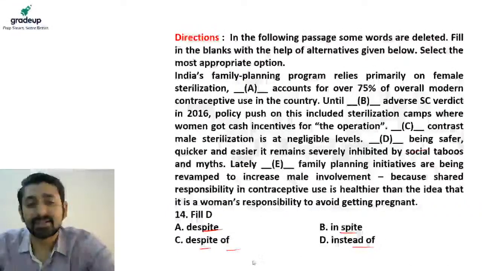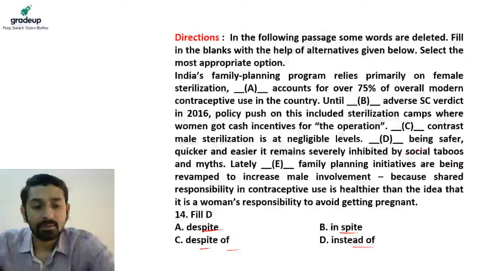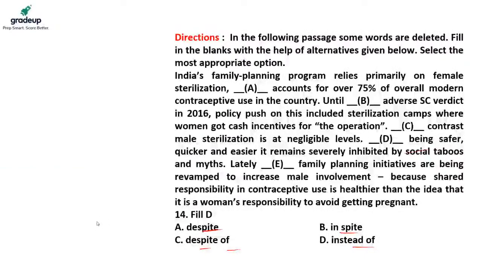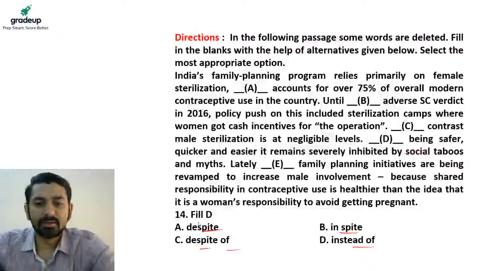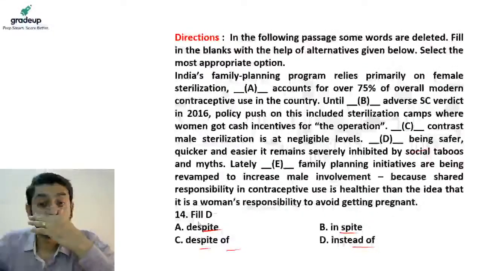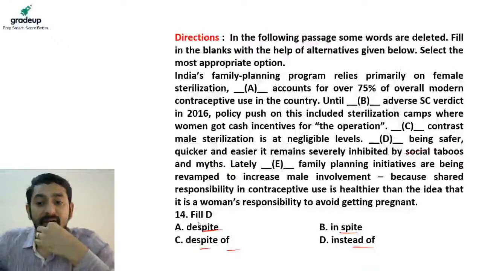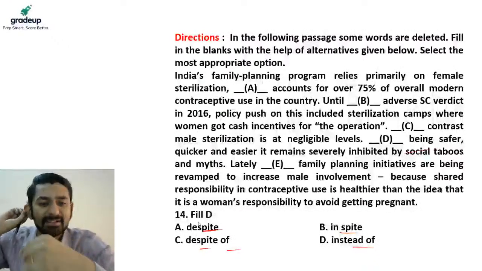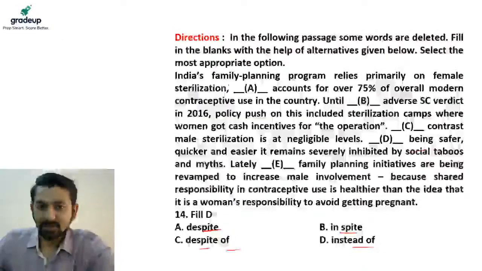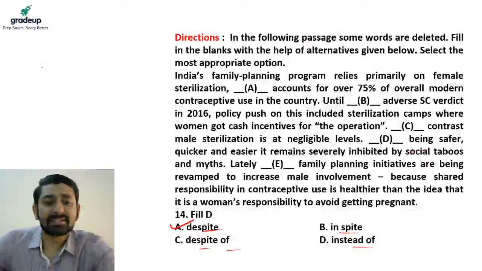I'm waiting for your answers. Okay. Few people are saying A, some are saying D as well. Now let me give you the answer for this one. The correct answer is A, guys.